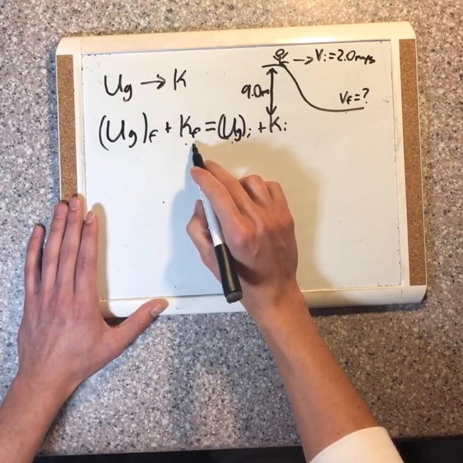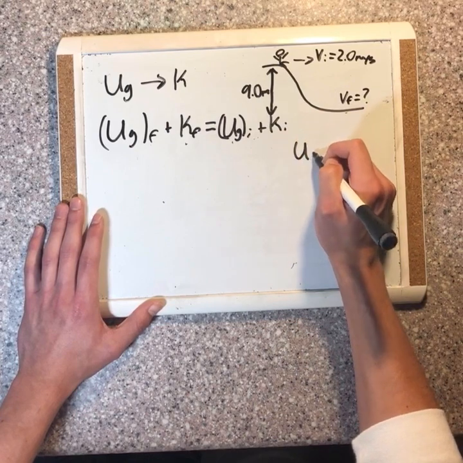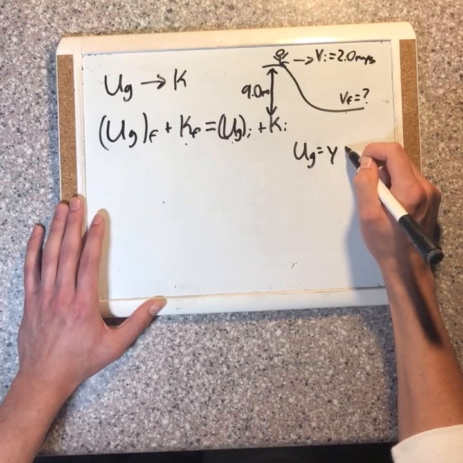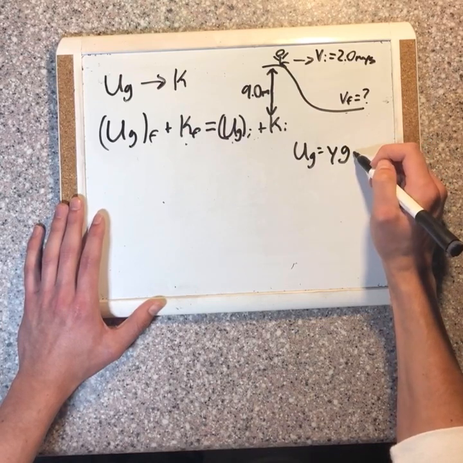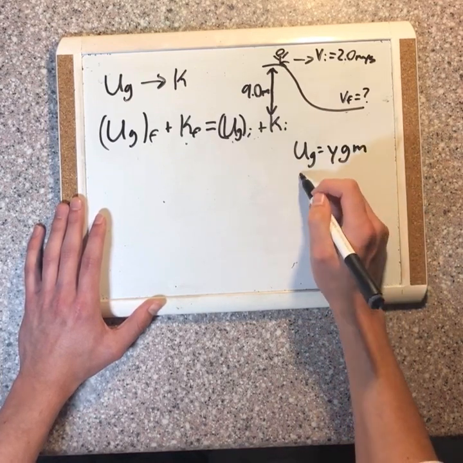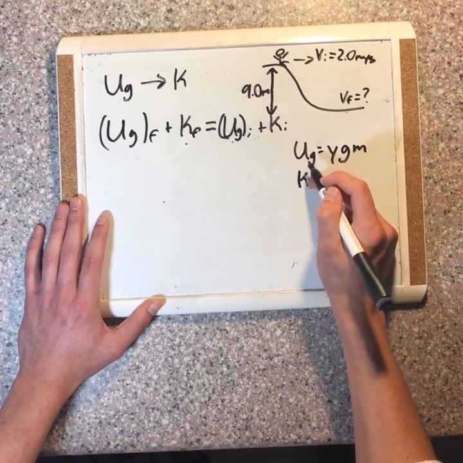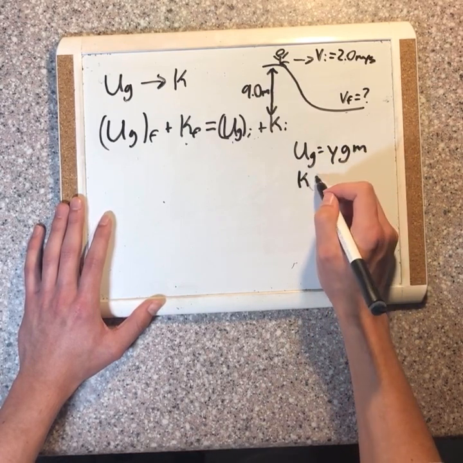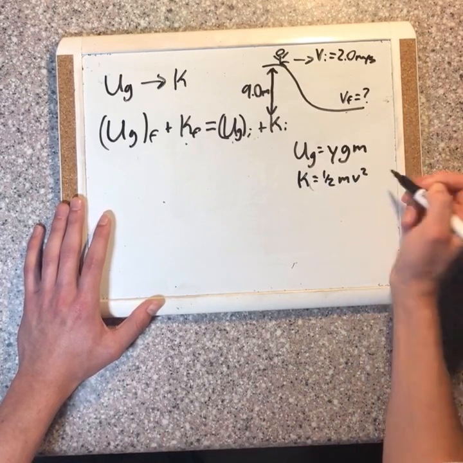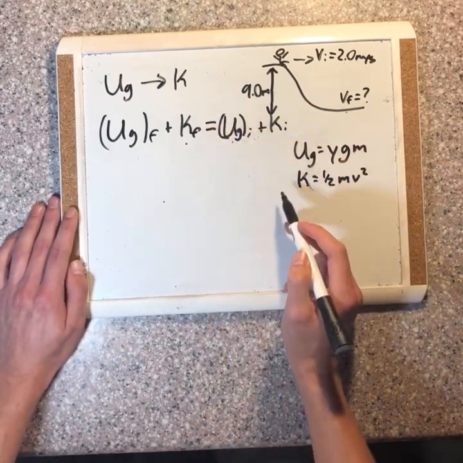So let's go ahead and expand out what these equations mean. U sub g is equal to the height times the acceleration due to gravity times the mass. We know this from earlier in the chapter. K, for kinetic energy, doesn't matter if it's final or initial, is going to equal 1/2 the mass times the velocity squared. Let's plug these into our equation.